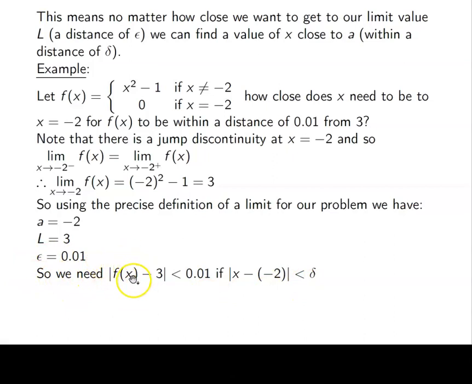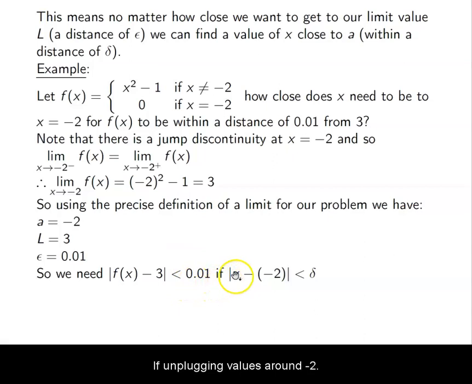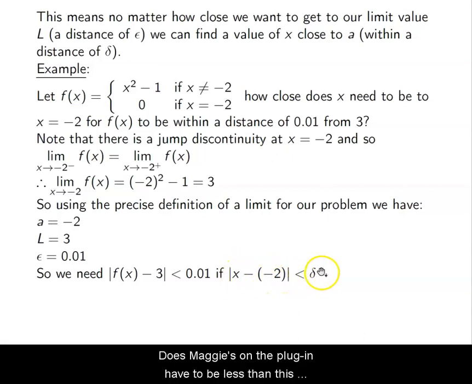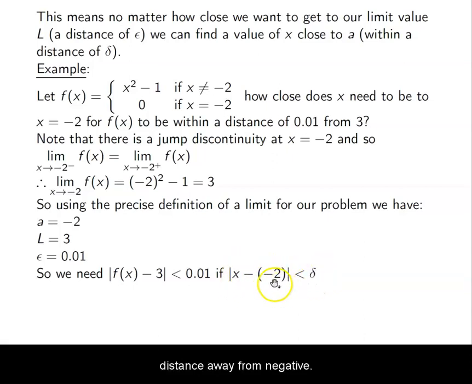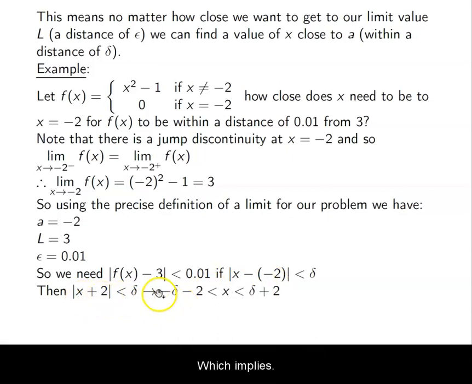So I need my function minus 3, the function minus the limit, to be within a distance of 0.01, top or bottom. If I'm plugging in values around -2, those values that I'm plugging in have to be less than this distance away from -2. Okay. So simplifying this, I get |x + 2| < delta, which implies, okay, let's go back a little bit.